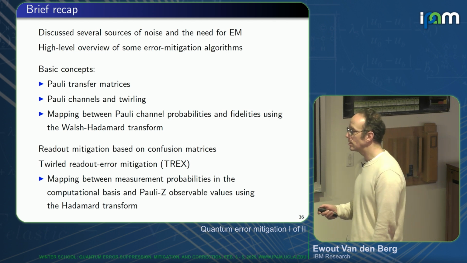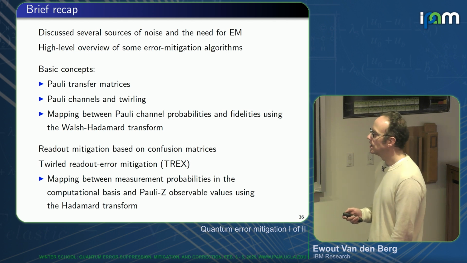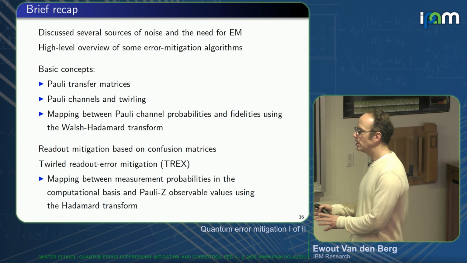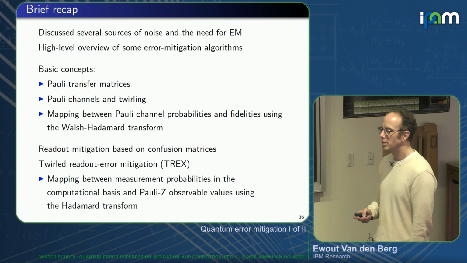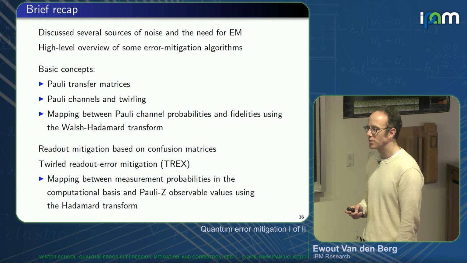For readout error mitigation, we had the confusion matrices, this is the A matrix, the twirled readout error mitigation, and the mapping between the measurement probabilities in the computational basis and the Pauli observable values using the Hadamard transformation.